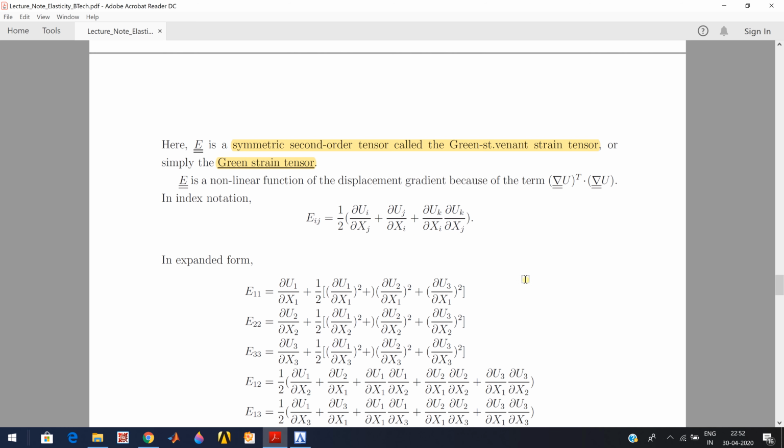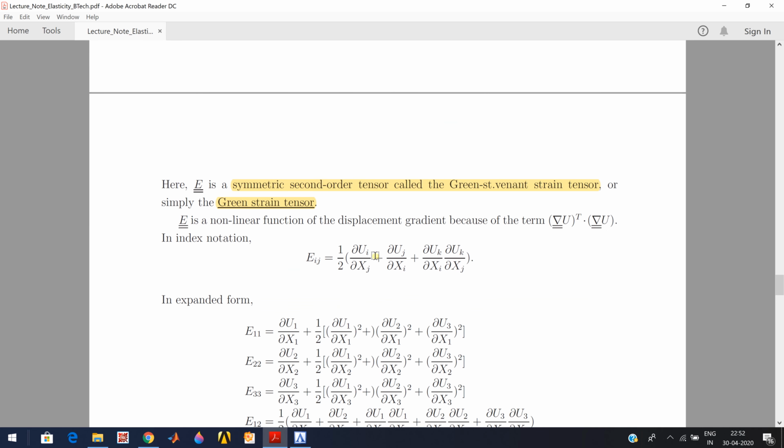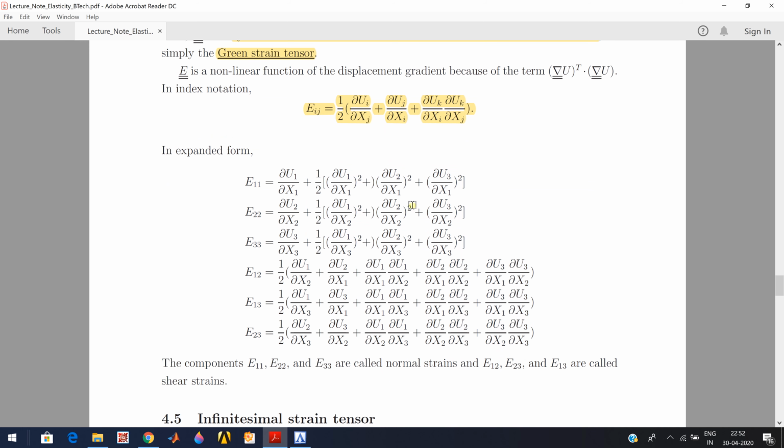Okay, and in index form, this vector or tensor equation will have an equivalent index form, which is denoted as this. And if we expand, then we'll get all these components. So you can see there are some squares of u's, and there will be off diagonal terms. So these are diagonal terms, they are called normal strains, and these are off diagonal terms, they are called shear strains.